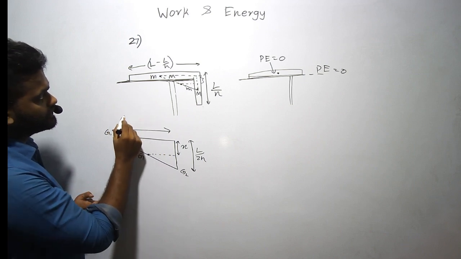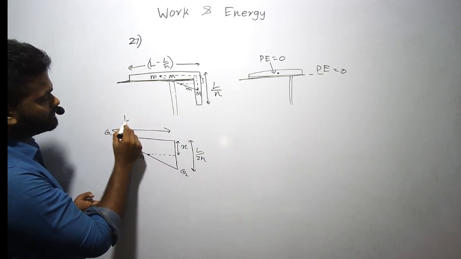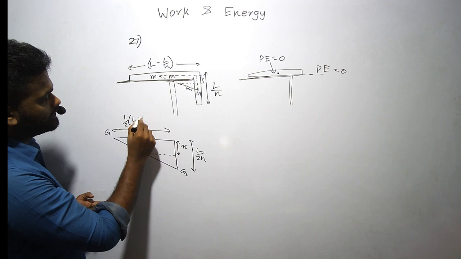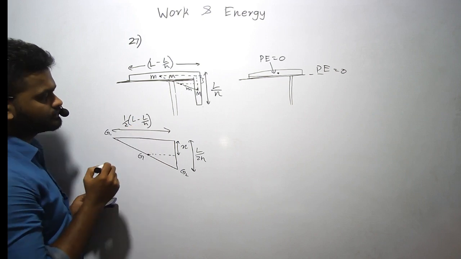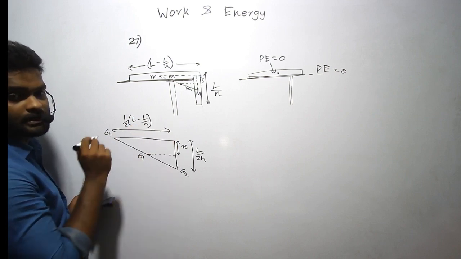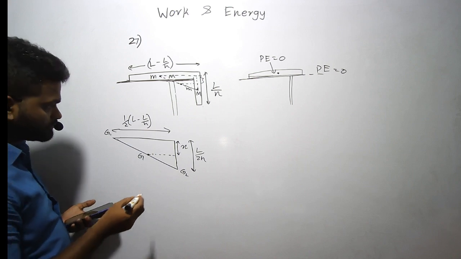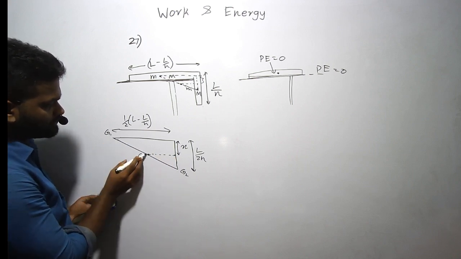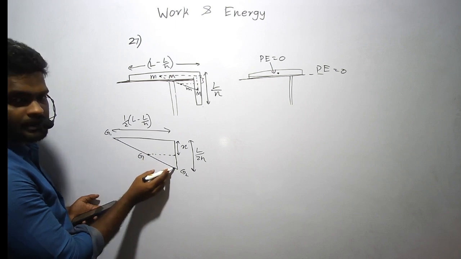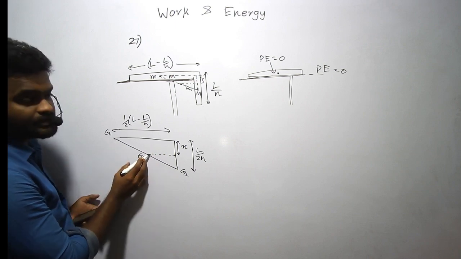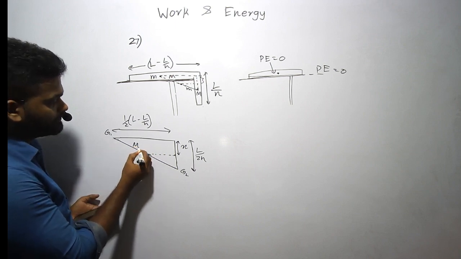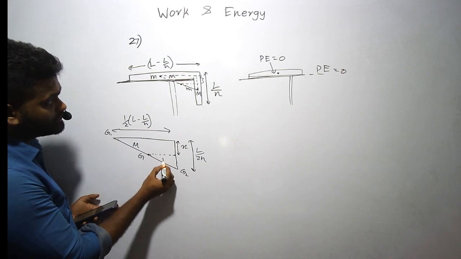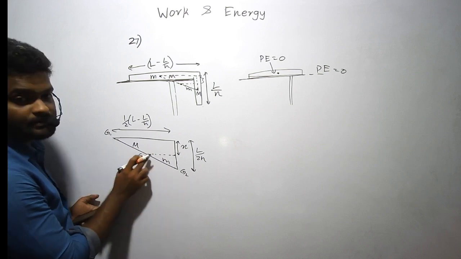So what do we get? One over 2 times L minus L over N. This length, this total length. Then this ratio. What is this ratio? G1 to G ratio is small m to capital M. So we have capital M to small m.